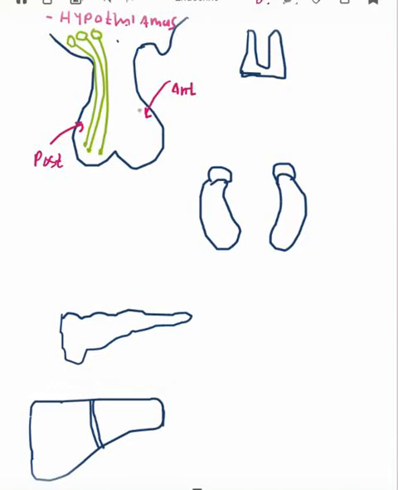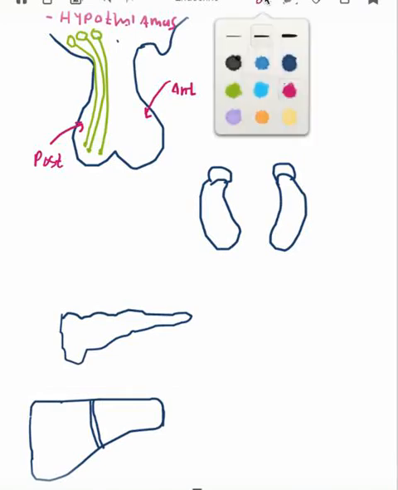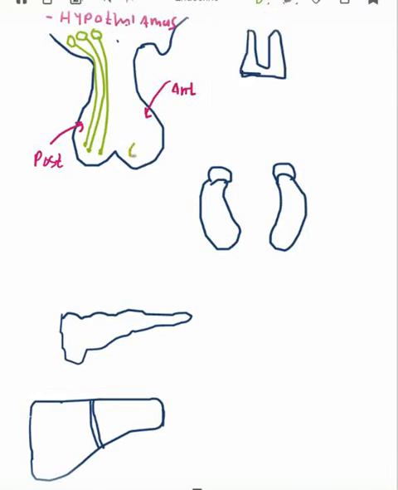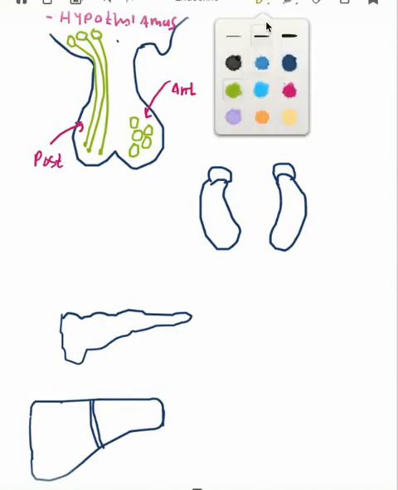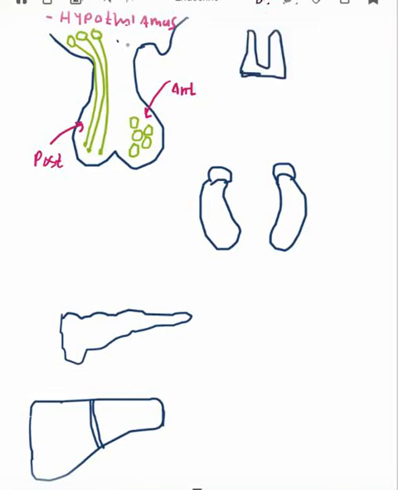Now, the anterior pituitary gland, however, is a little bit more autonomous in that it has cells within it that can produce hormones. But those cells will not release hormones until the hypothalamus signals for the anterior pituitary to do that.